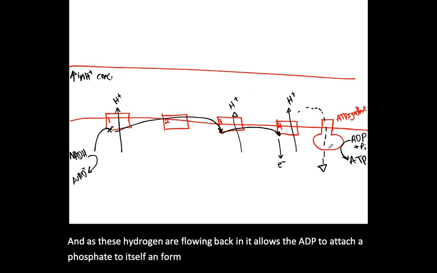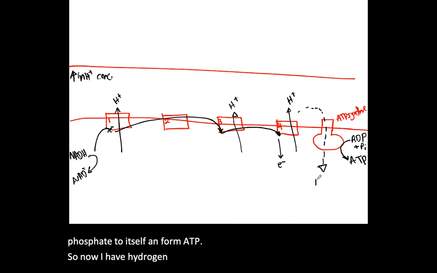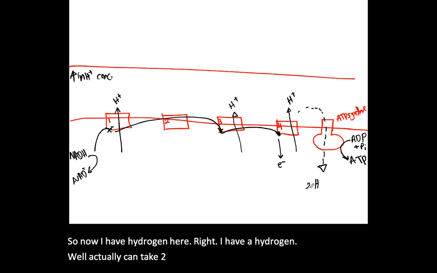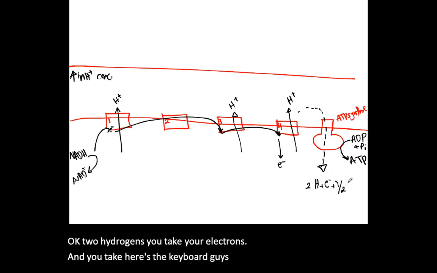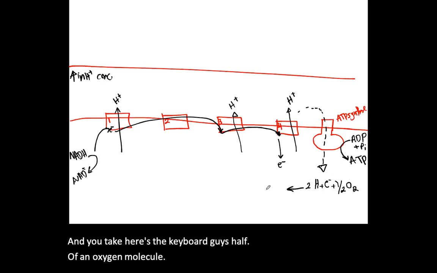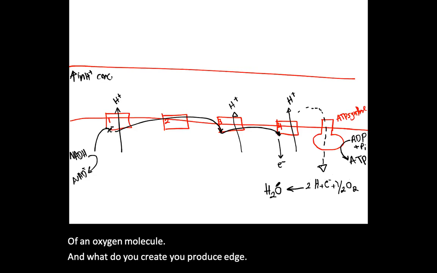So now I have hydrogen here. Well, actually, you can take two hydrogens, you take your electrons, and you take, here's the keyword, guys, half of an oxygen molecule. And what do you create? You produce H2O, which is water.